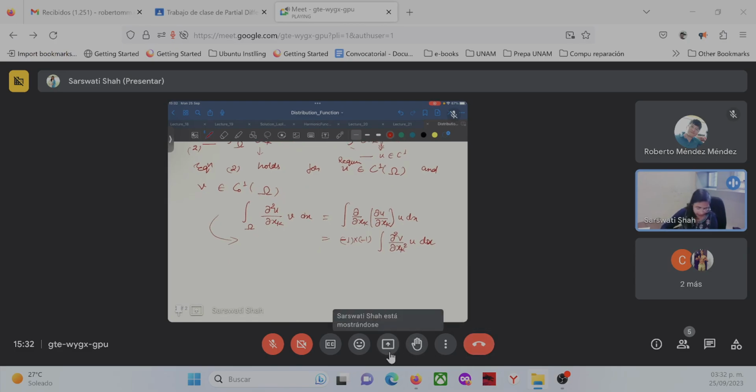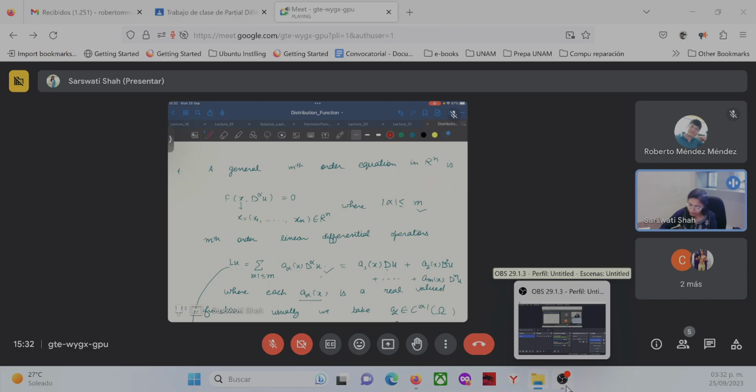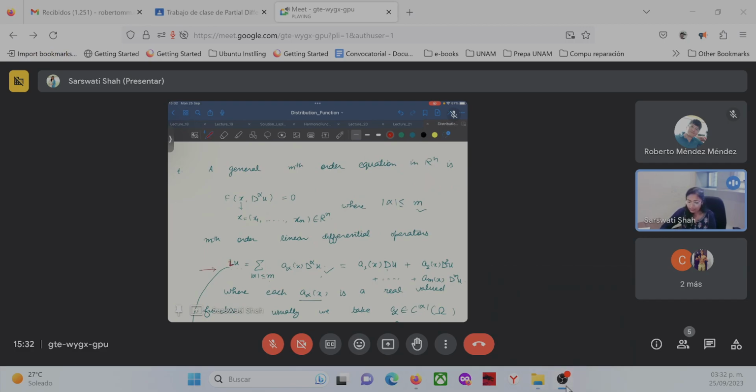So in the same way, if we go for the mth order derivative, because I have taken here this L operator, which is basically the combination of the derivative operators till the mth order.